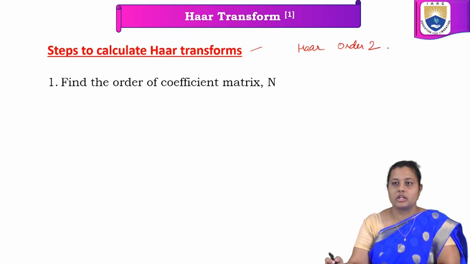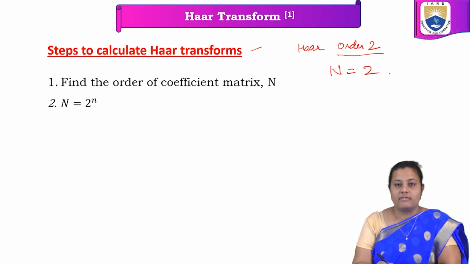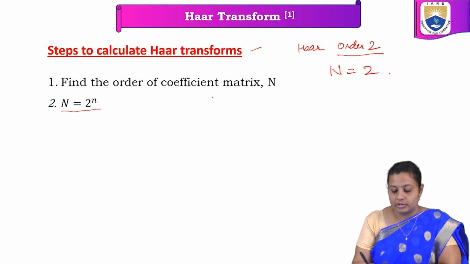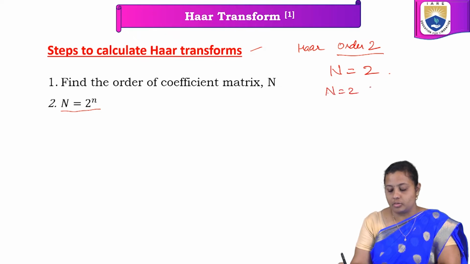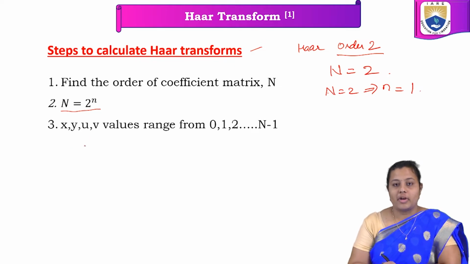Then capital N is equal to 2. We then calculate the value of small n, where small n and capital N are related by this. So when capital N is equal to 2, small n is equal to 1.